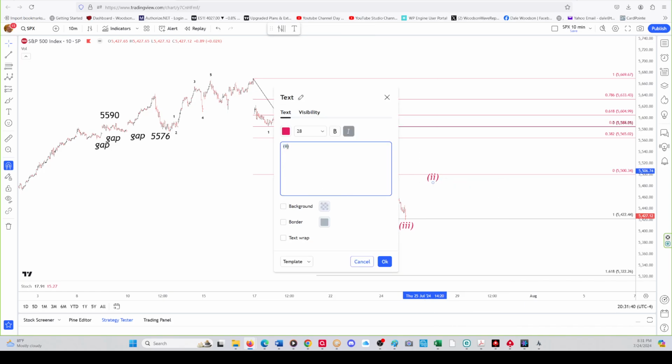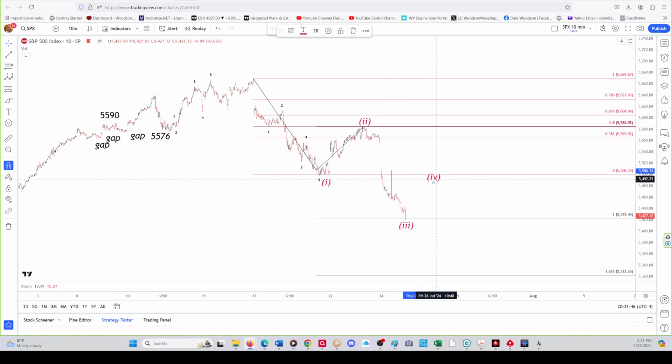If this is 3 and not C, then 4 should not move above the wave 1 low, which is almost exactly 5,500. Otherwise, it's an A, B, C, and here we go up to higher highs. So that's how we can tell.